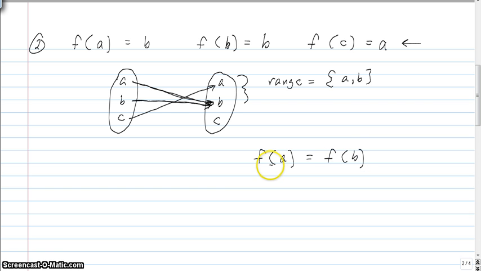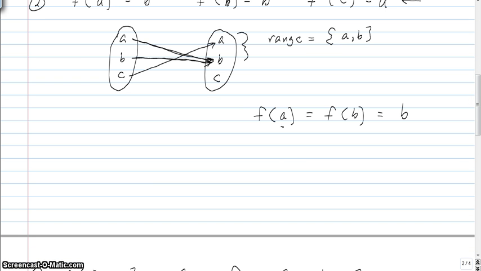So f of a and f of b are the same because both are equivalent to the y value b, but the x values are not the same. We got two y values that were the same, but they were the result of two different x values, and that verifies that the function is not one-to-one.